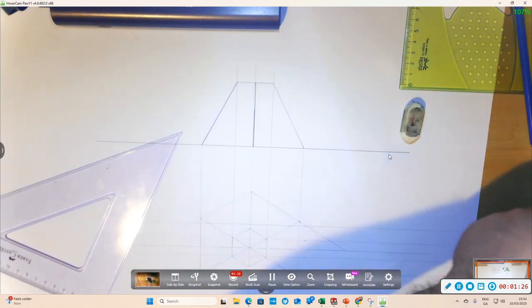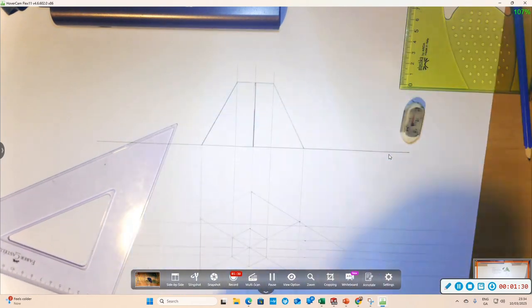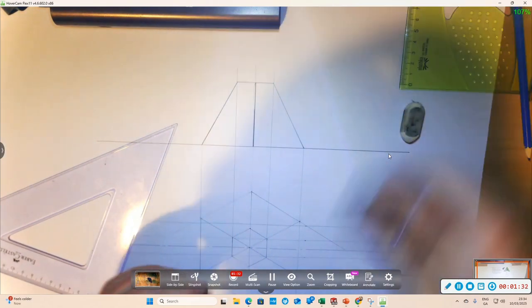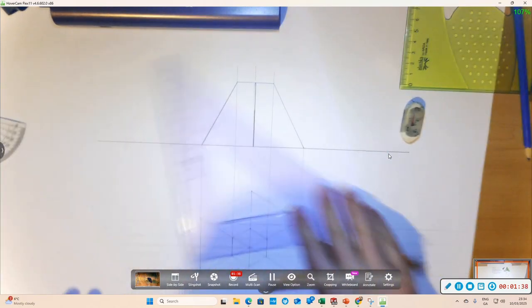Now, we'll do the inclined prism. So over 16, angle is 20 degrees. And then over on the right, 90, because it's 45 multiplied by 2.